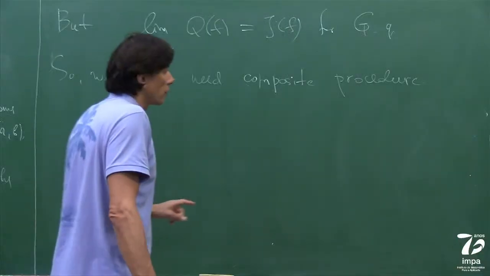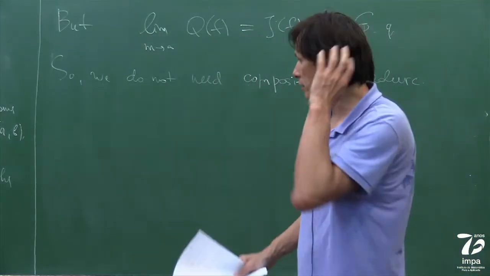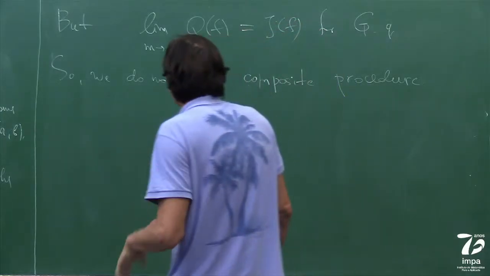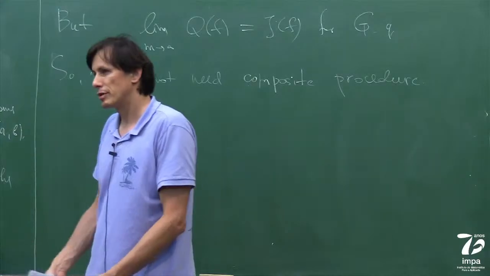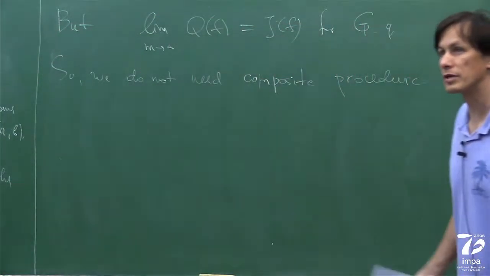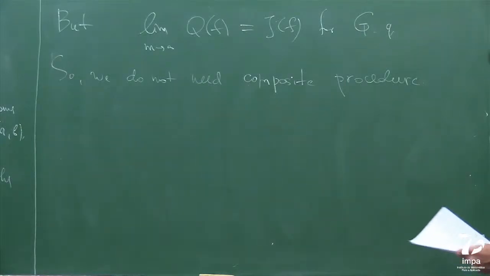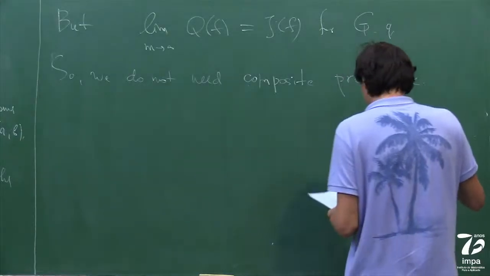But this gives you a very, very high order method. Whenever you need maybe 1,000 points for a composite procedure, here you can attain the same accuracy with 15 points.